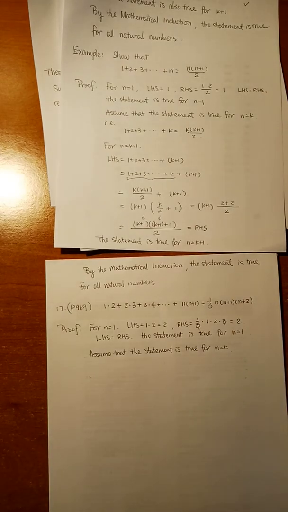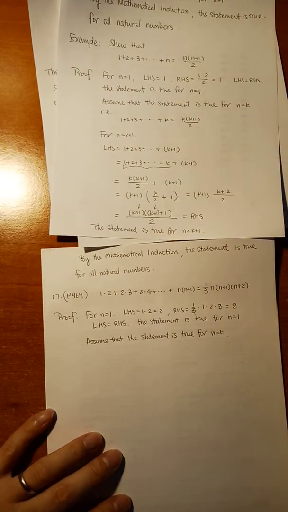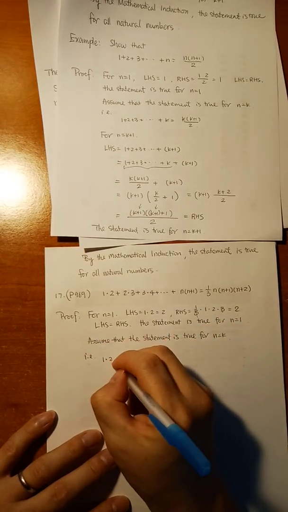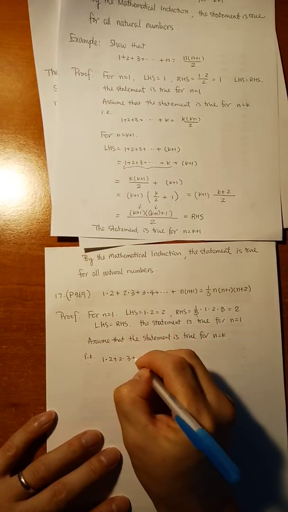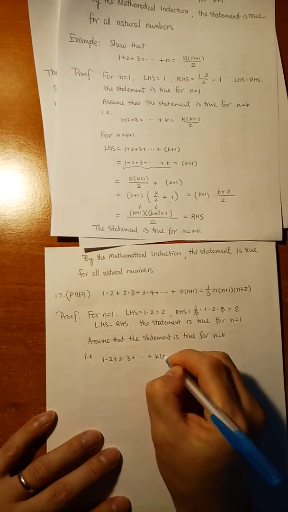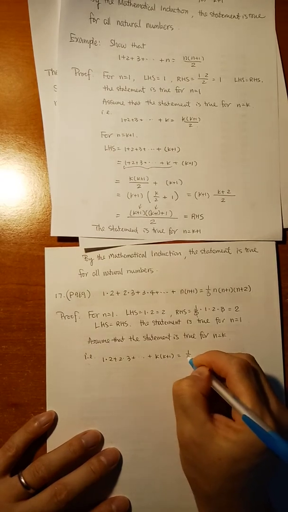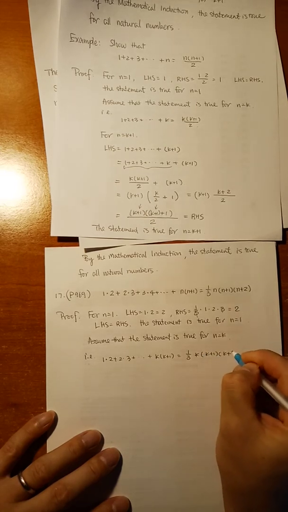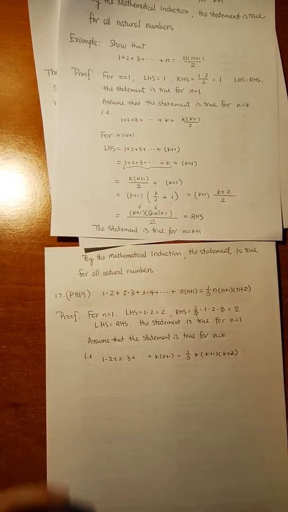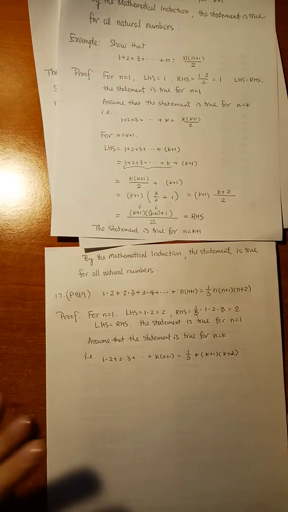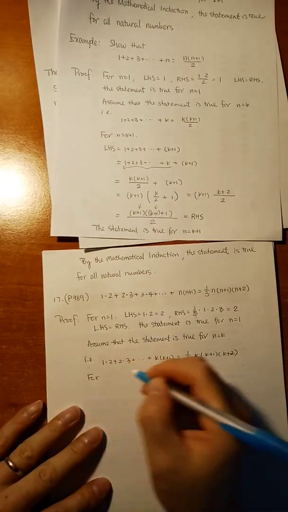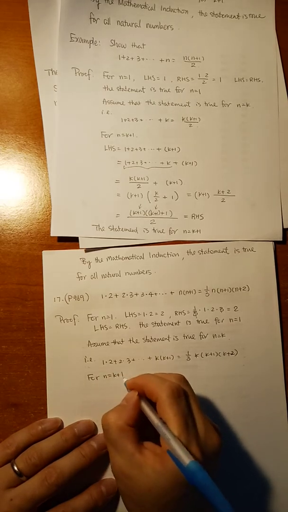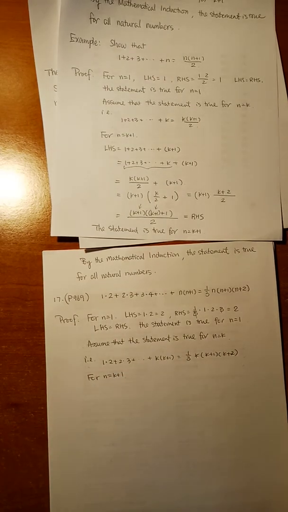So the kth domino will fall, i.e. 1 times 2 plus 2 times 3 plus up to k times (k plus 1) is equal to 1/3 k (k plus 1)(k plus 2). And then let's examine the next domino, for n equal to k plus 1.